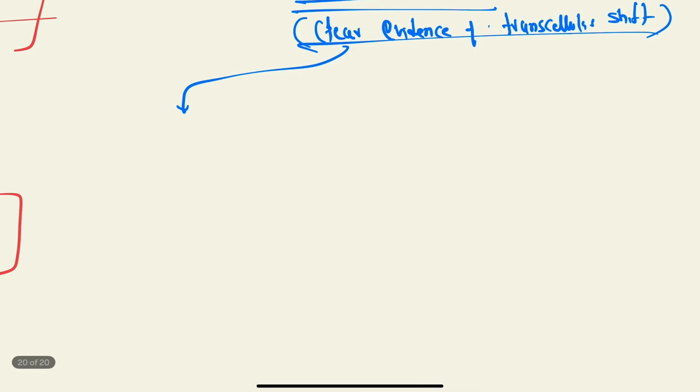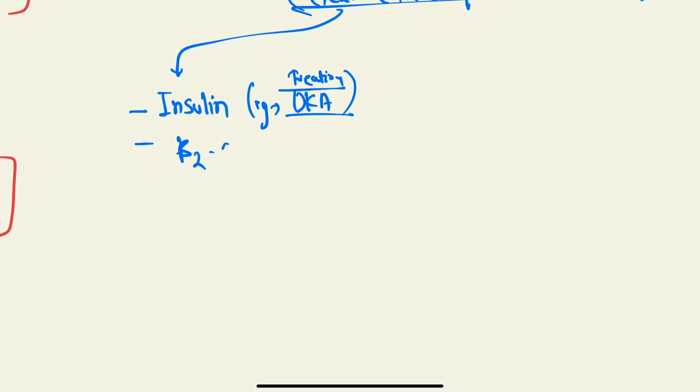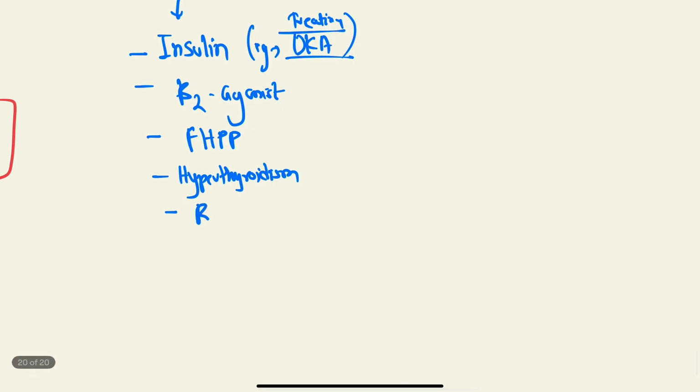It can be due to insulin. For example, when we are treating DKA with insulin, we can have hypokalemia. Other causes are beta 2 agonists, familial hypokalemic periodic paralysis, and hyperthyroidism.